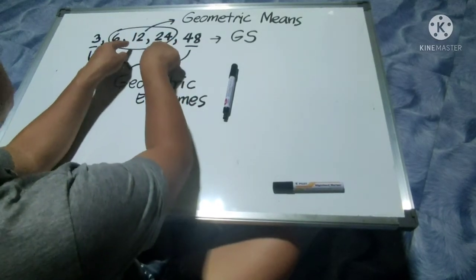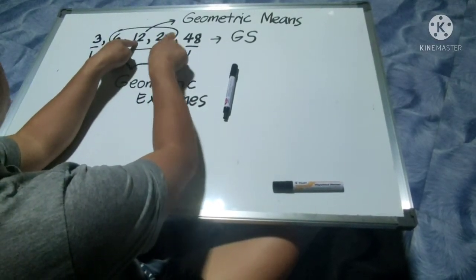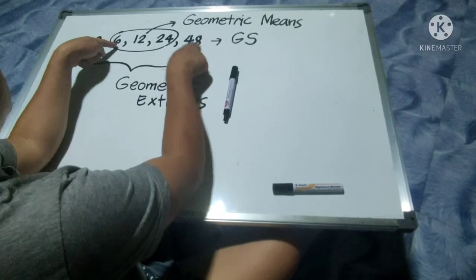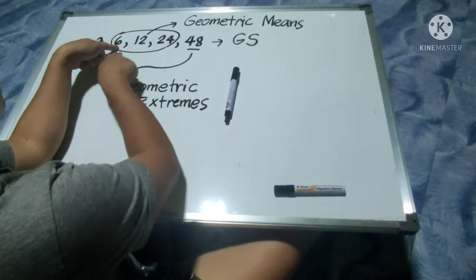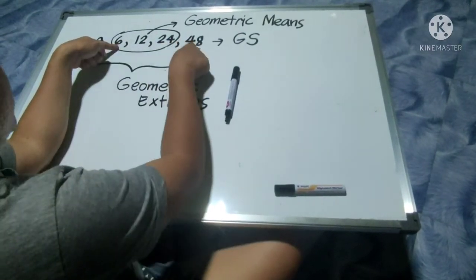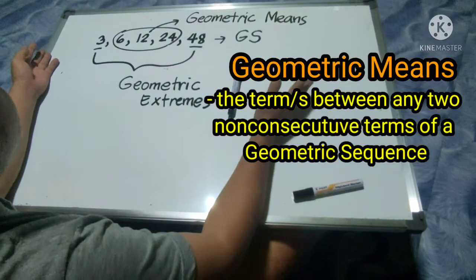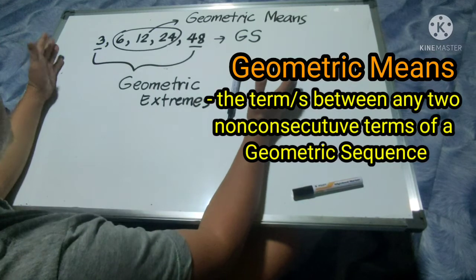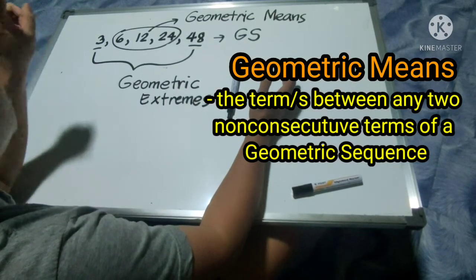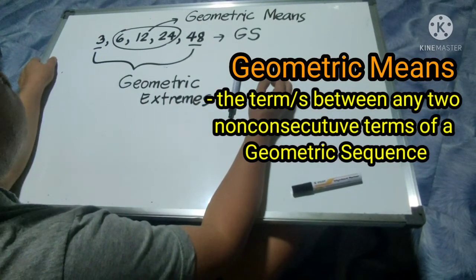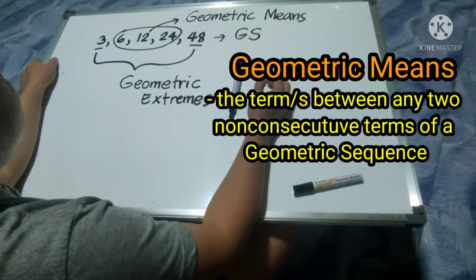And 24 is the geometric mean of 12 and 48. Or 12 and 24 are the geometric means of 6 and 48. So again, geometric means are the terms found between two non-consecutive terms of a geometric sequence.